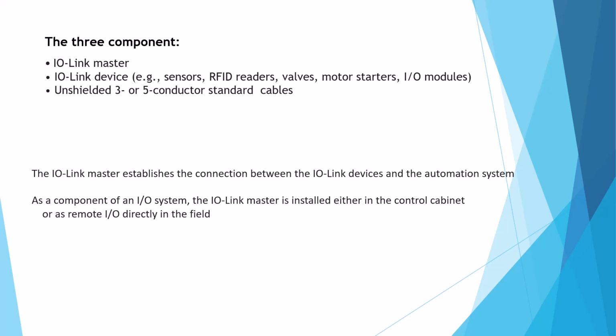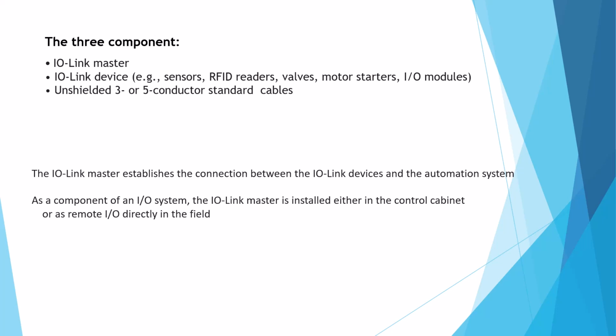IO-Link uses an unshielded 3-conductor or 5-conductor cable, depending on your device. This cable connects the IO-Link master to the IO-Link device.